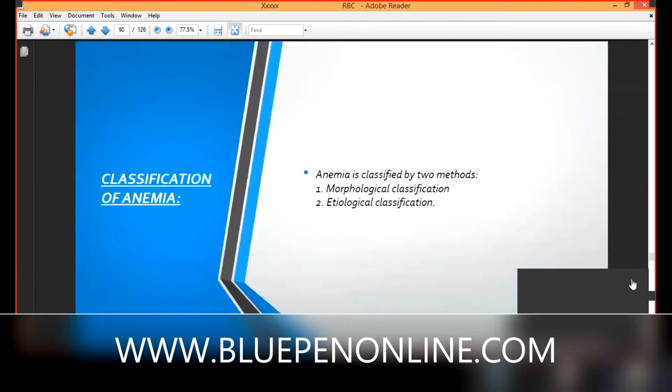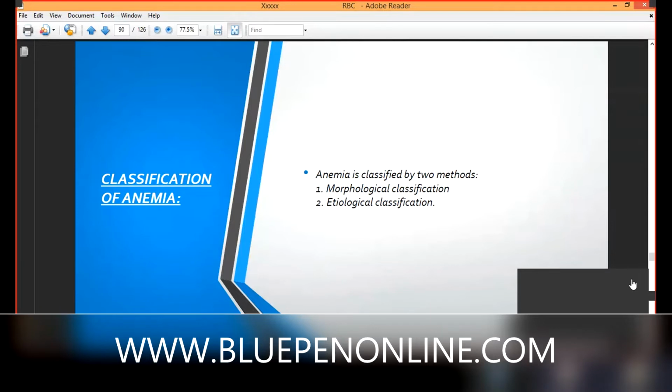In anemia, we can see decreased oxygen carrying capacity of the blood. 1 gram of hemoglobin can carry how many ml of oxygen? 1.34 ml.